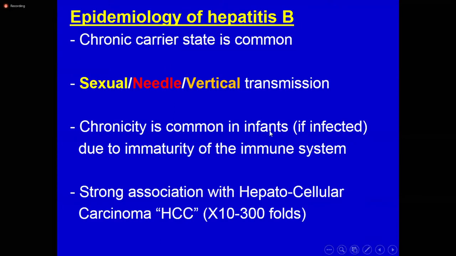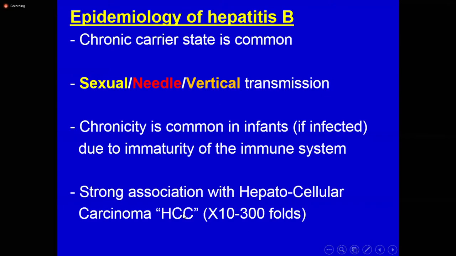Chronicity is common in infants, whose immune system cannot deal with it, so the infection becomes chronic. There is a strong association between hepatitis B viral infection and the occurrence of hepatocellular carcinoma, HCC.